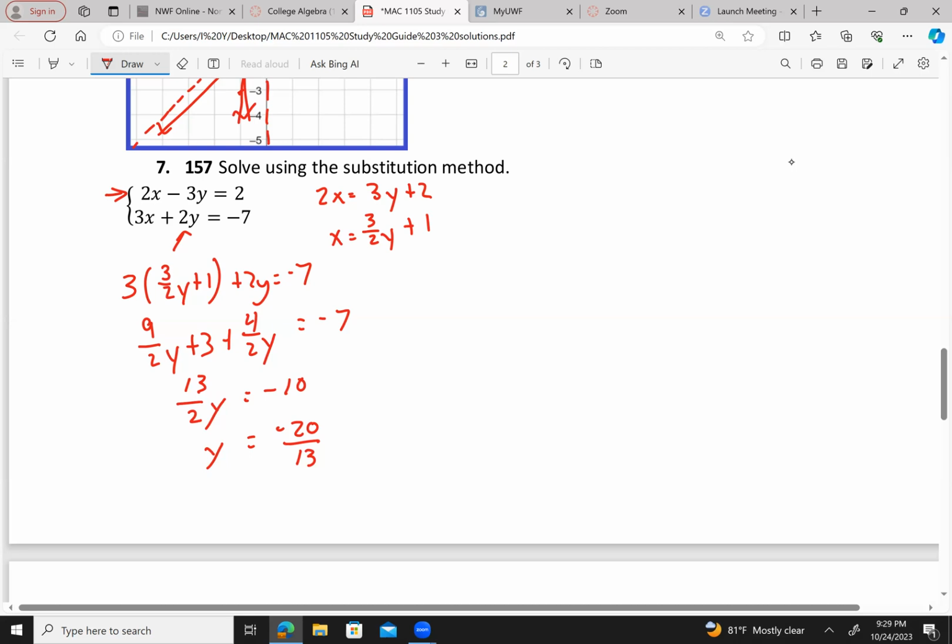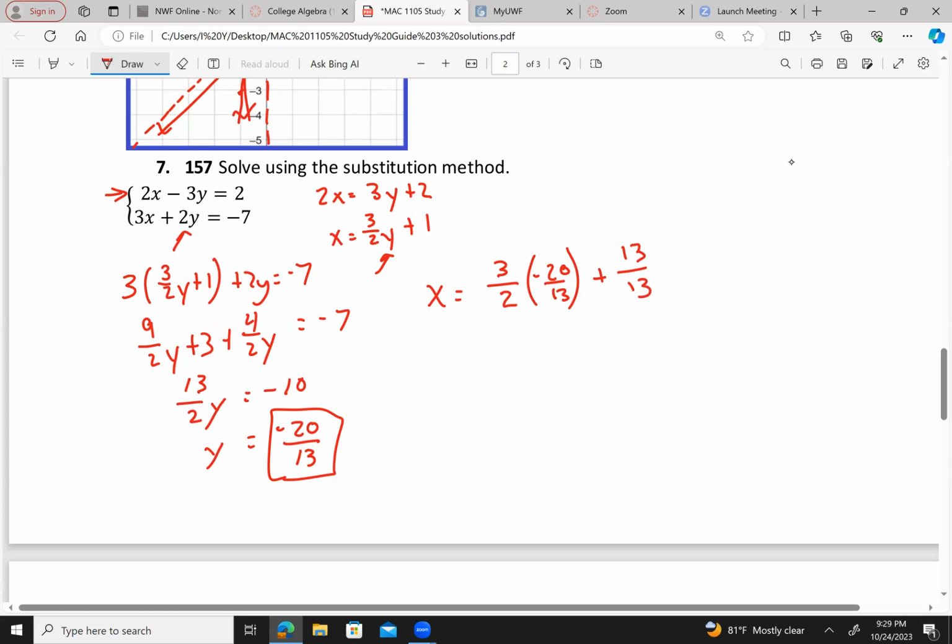Okay? So now I take this and plug it in here, and I have x equals 3 halves times negative 20 over 13 plus 1, which is 13 over 13.